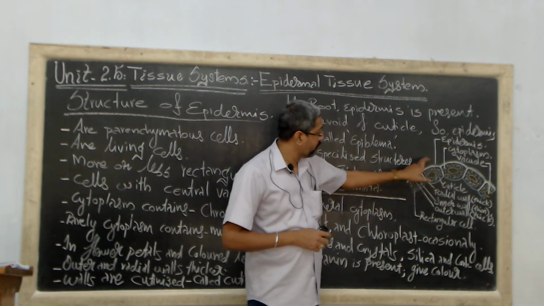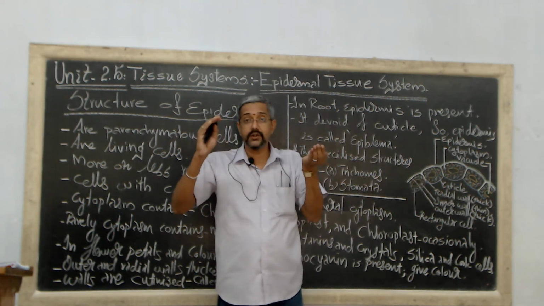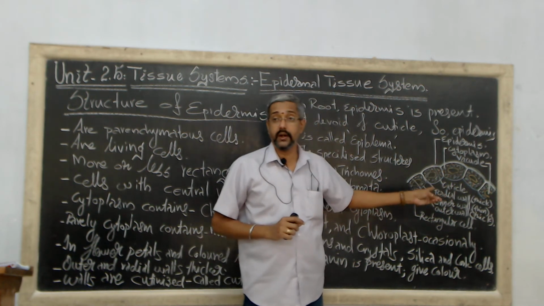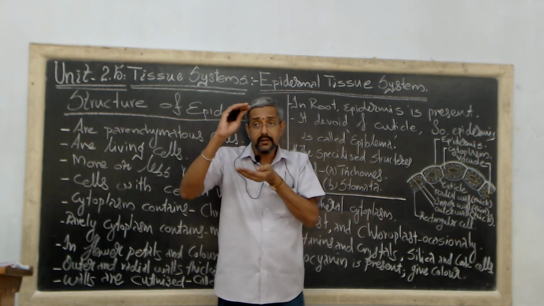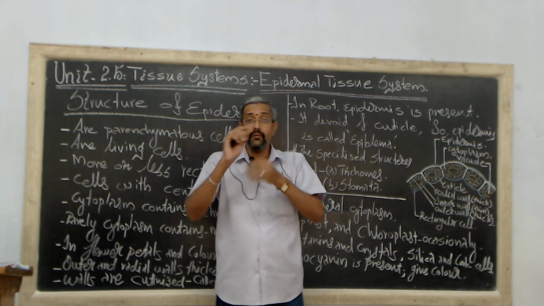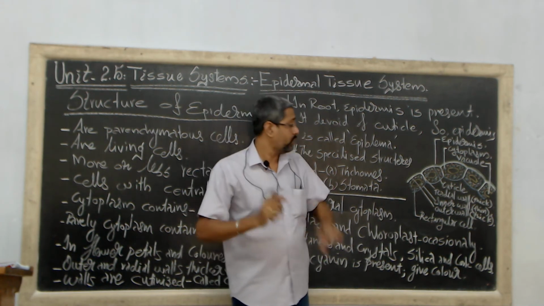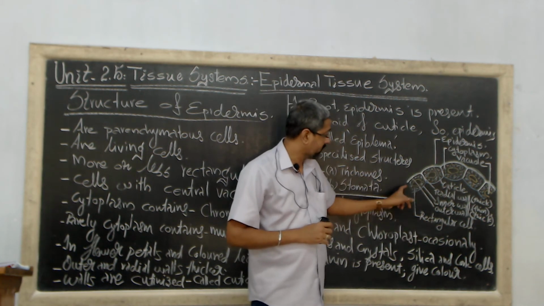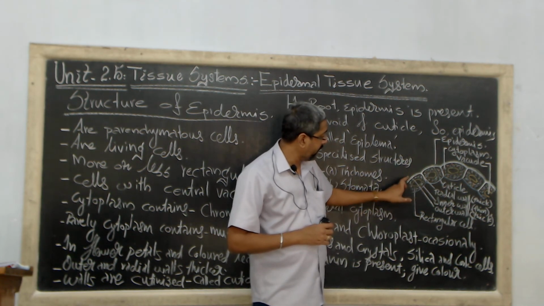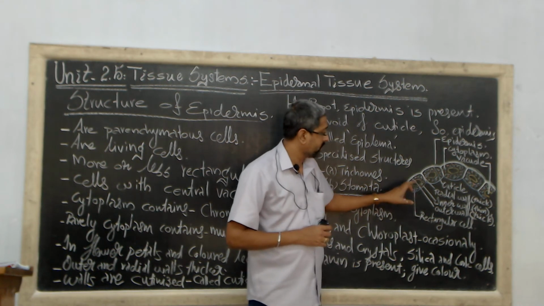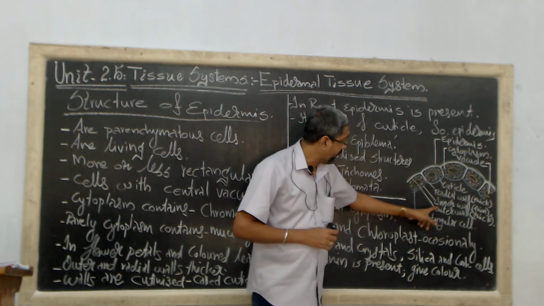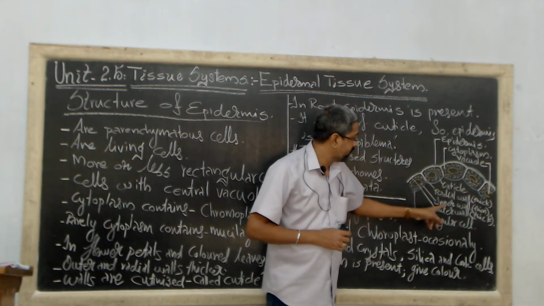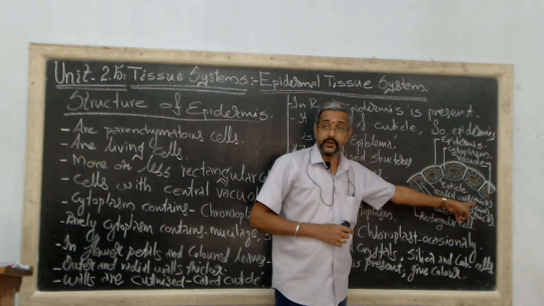The inner and outer walls become somewhat elongated, and the radial walls, that is the vertical walls in the diagram, are somewhat shorter than the length of the outer and inner walls. So cells become rectangular in shape. Okay, rectangular cells, with the outer wall thick, the inner wall thin, and the radial walls also thick in nature.